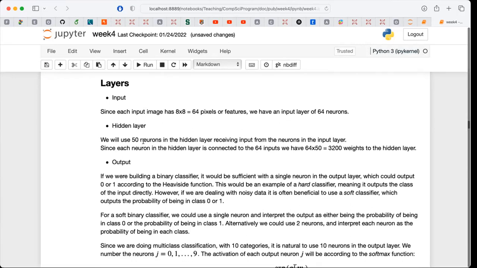In this model, I'm going to use just one hidden layer, just to show you how you can build up the code. We have 50 neurons. That means that when we look at this, we have 64 input variables and 50 neurons. So that gives us the connection between the input layer and the hidden layer. So we would have something like 3,200 weights to be trained.